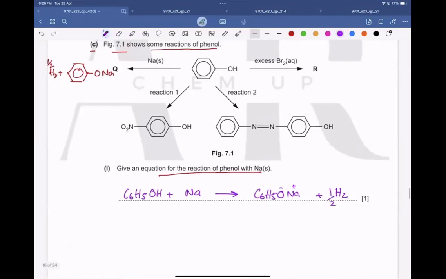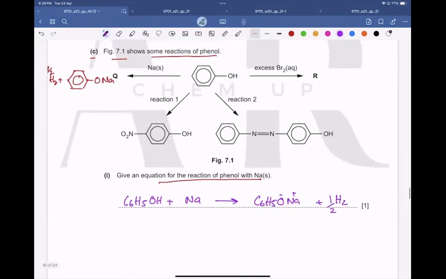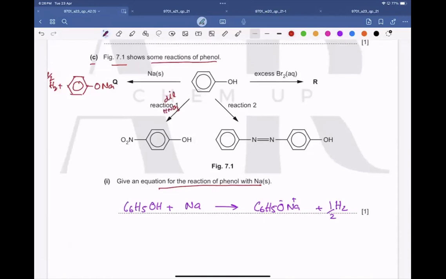Okay, if you recall this reaction, in reaction 1 we use dilute nitric acid, because if we used concentrated nitric acid, we would get the tri-substituted product. And here we have NaNO2 plus HCl. And here it's excess bromine.